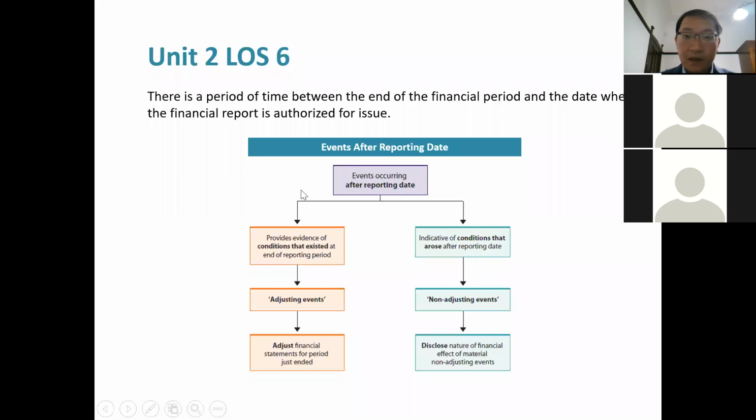The next area, which is also quite topical, comes from the 6th learning outcome statement: how do you treat events that occur after the reporting date? If we think about a reporting date timeline for most companies in Australia, the financial year, which is actually quite soon, ends on the 30th of June. However, between the end of the financial year and the time when the financial reports are prepared, you're going to get new or additional information.